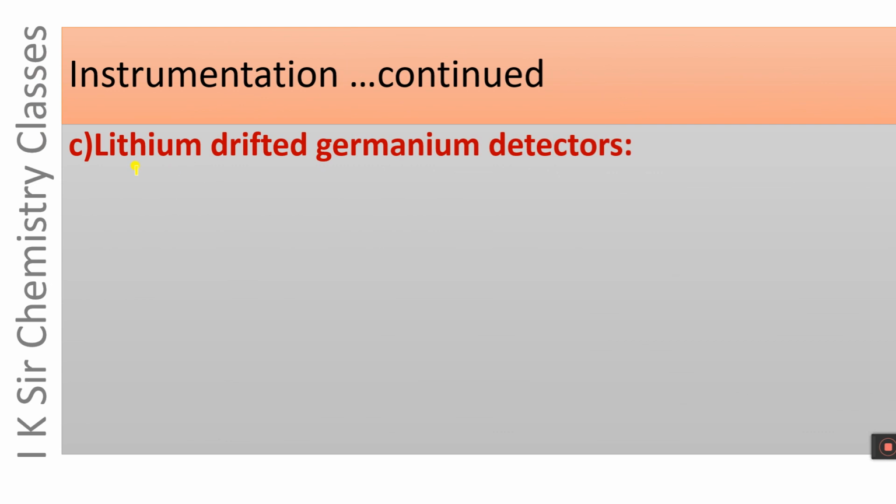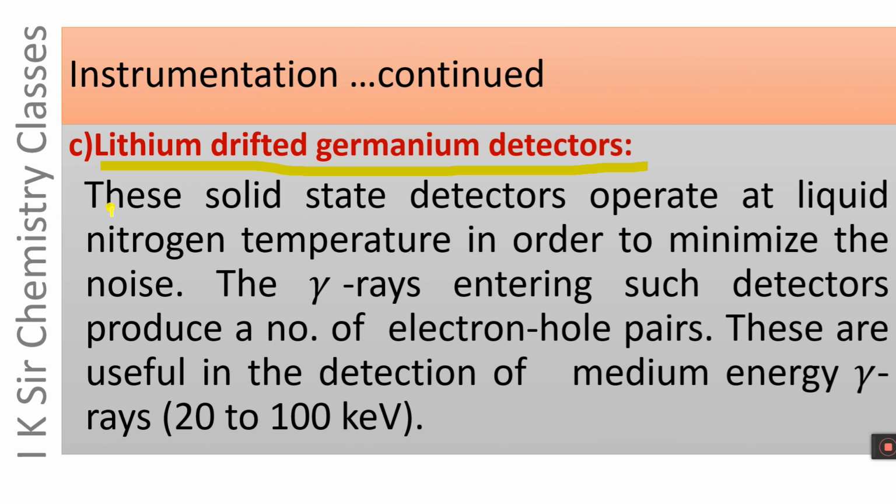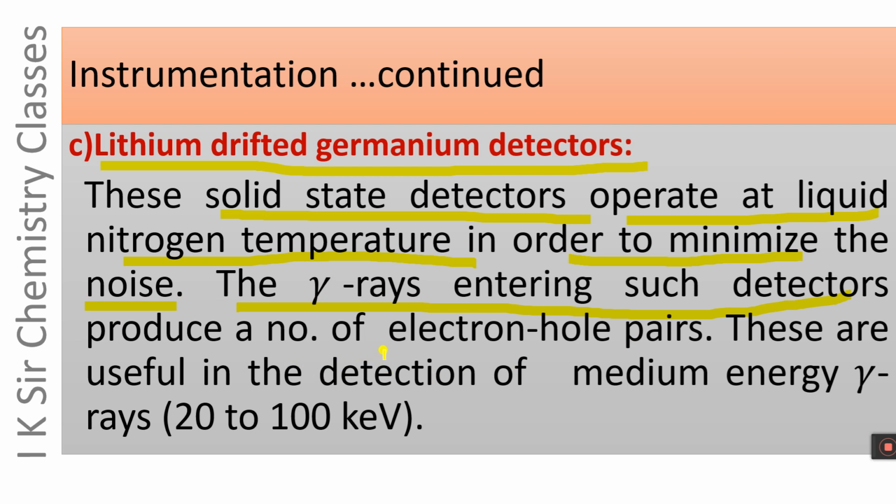And the third one is lithium drifted germanium detectors. These solid state detectors operate at liquid nitrogen temperature in order to minimize the noise. The gamma rays entering such detectors produce a number of electron-hole pairs.